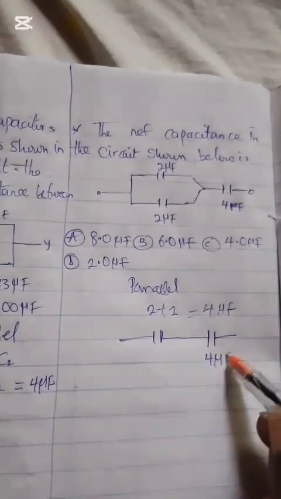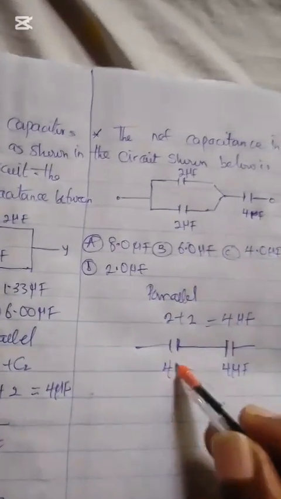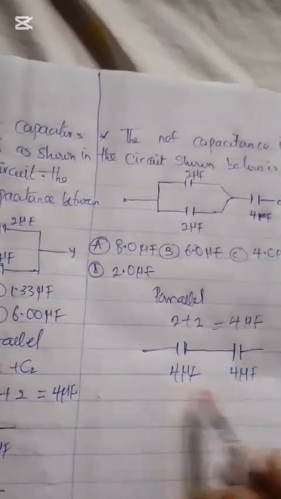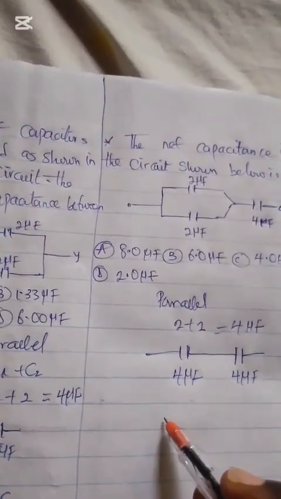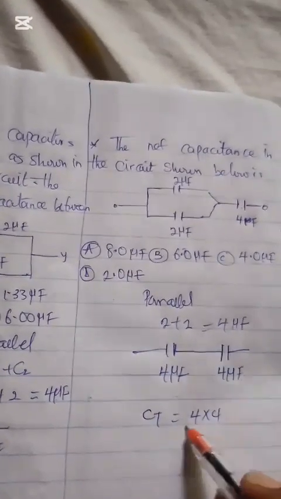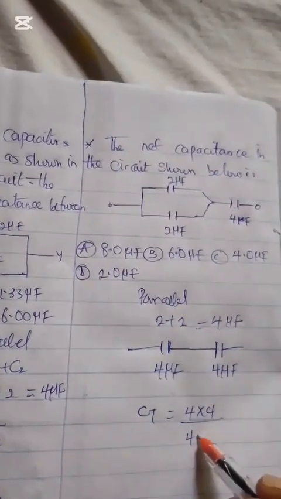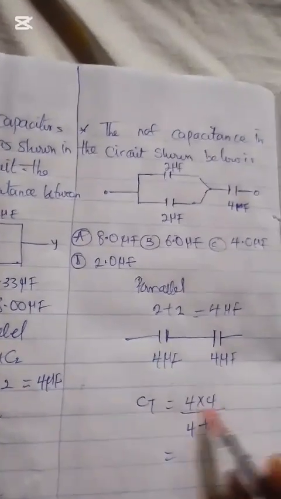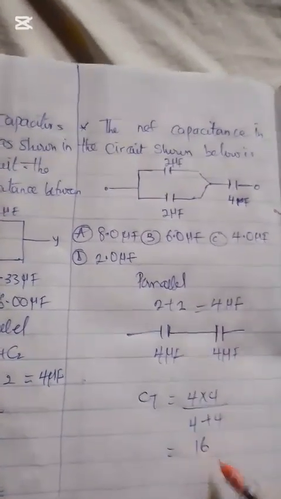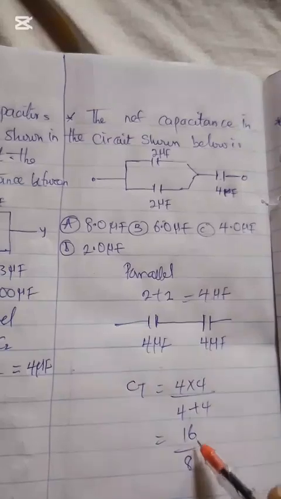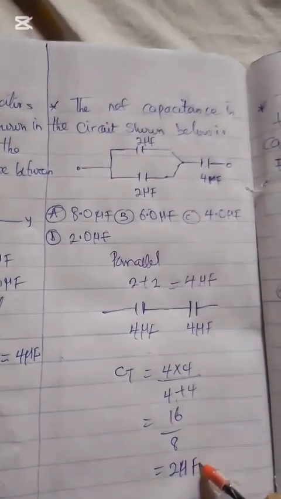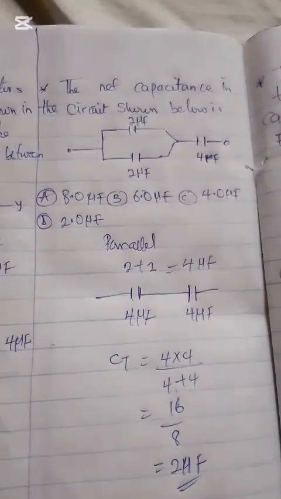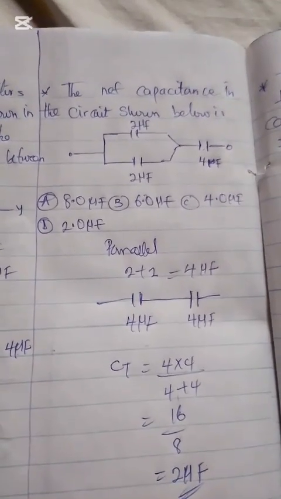So I have 4 microfarad here and also 4 microfarad here. This is now in series. So I can now use the series formula, which is Ct equal to product, 4 times 4, divided by sum, which is 4 plus 4. 4 times 4 is 16, and 4 plus 4 is 8. 16 divided by 8 will be 2 microfarad. And that is the answer to the question. I hope that is clear.